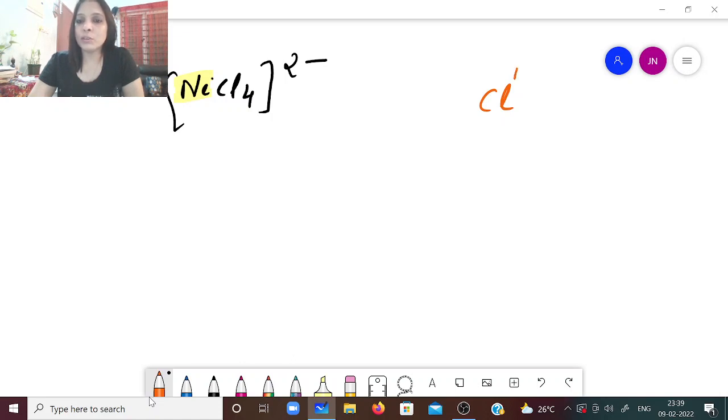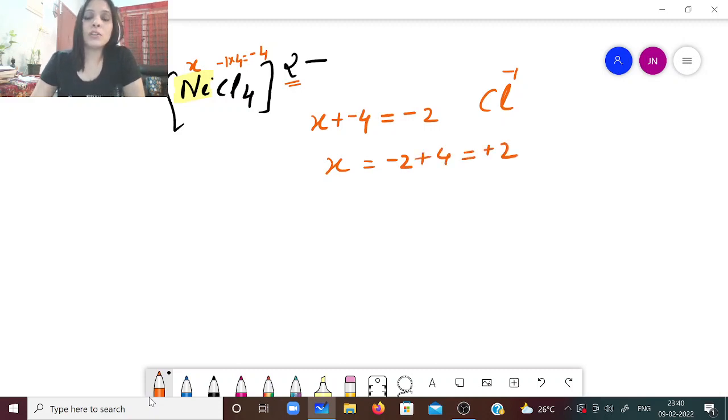As it is a non-metal, its oxidation number is -1. So I will write -1 into 4 equal to -4. Now, suppose nickel's oxidation number is X. X plus -4 should be equal to the total charge, that is -2. Now, X is equal to -2 plus 4 equal to +2. So nickel's oxidation number here is +2.